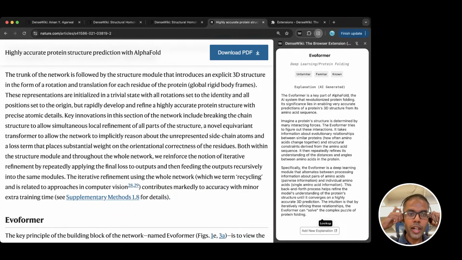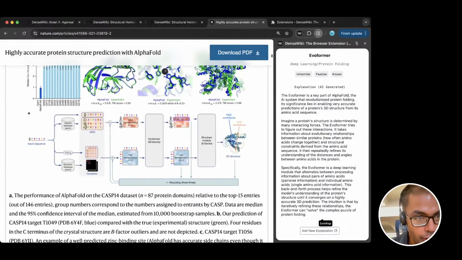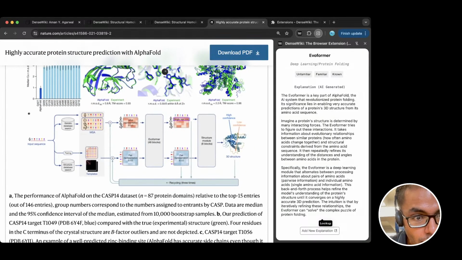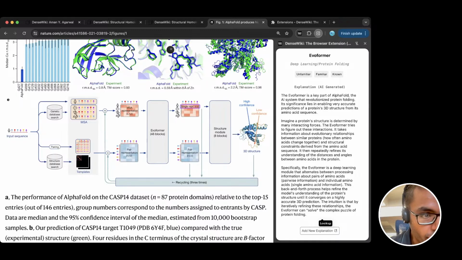And then the trunk of the network is followed by the specific 3D structure prediction, right? I think it was here. So the input sequence, which is the genetic database search, right? Yeah. So look here, right? There's an input sequence.